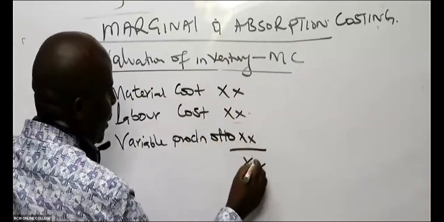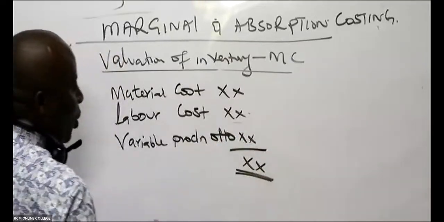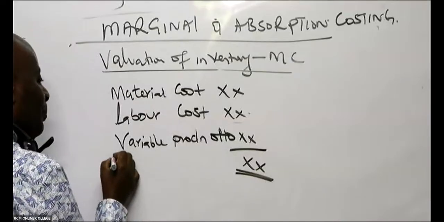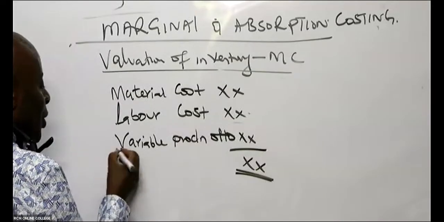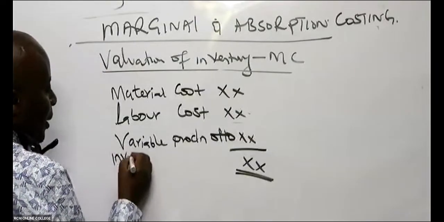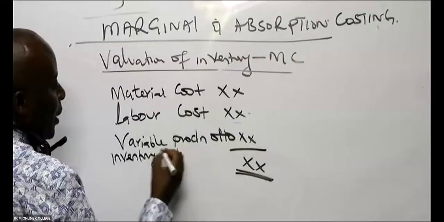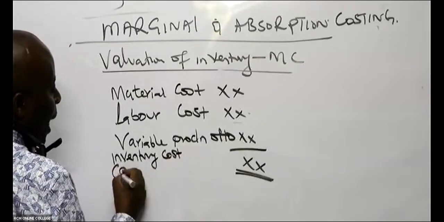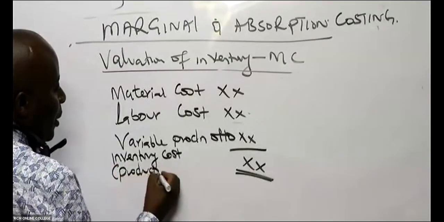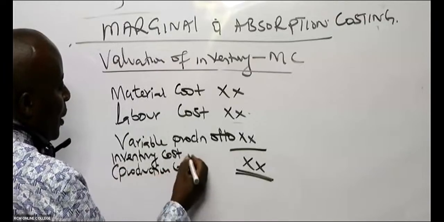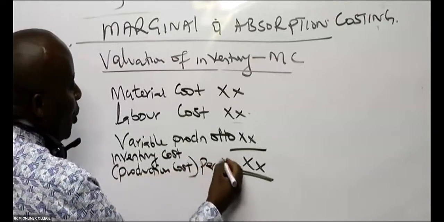So this under marginal cost will be our inventory cost, or production cost, per unit.